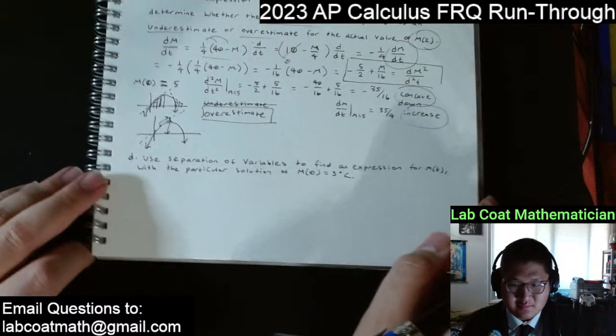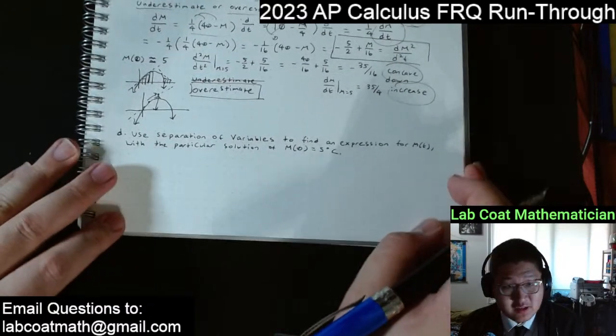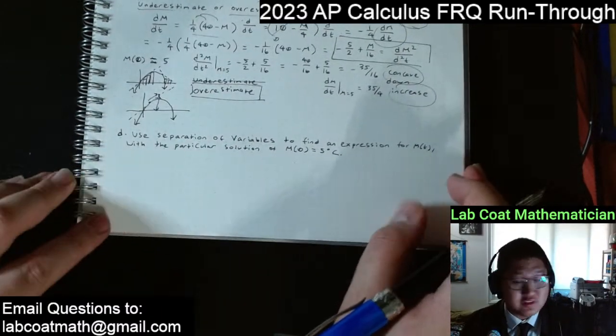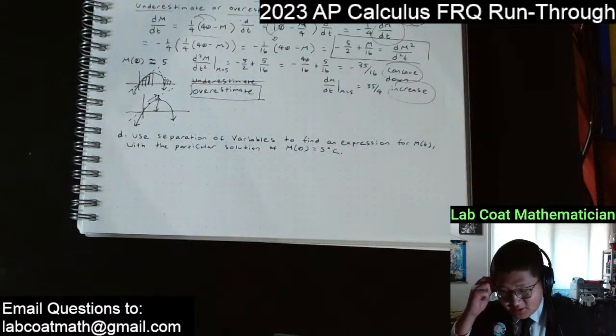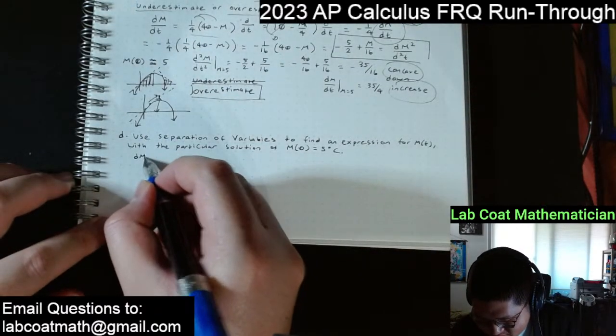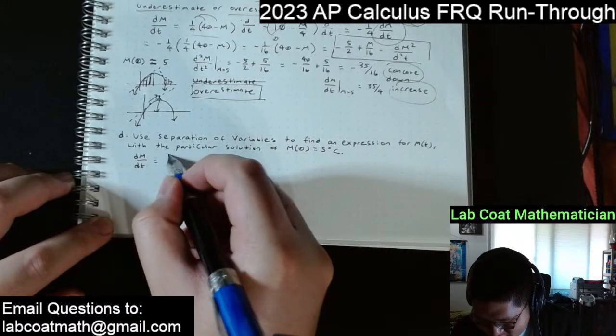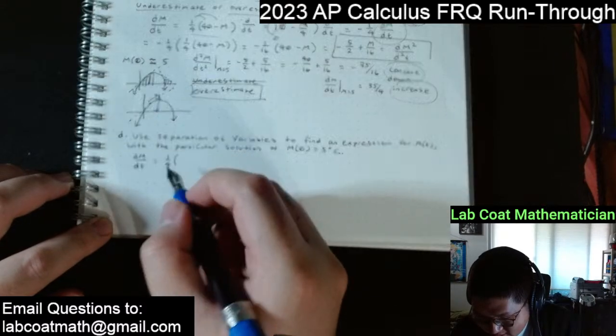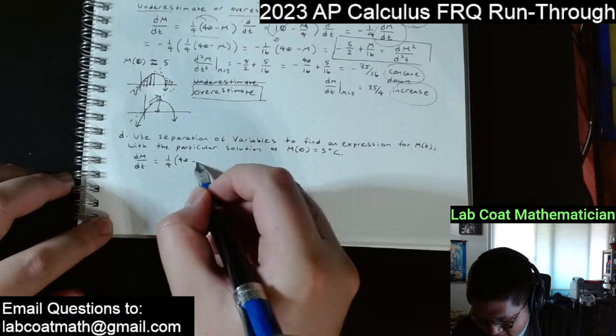Very good. Because we're doing a separation of variables for this, we need to start our integration process, starting with dm over dt being equal to 1/4 multiplied by 40 minus m.